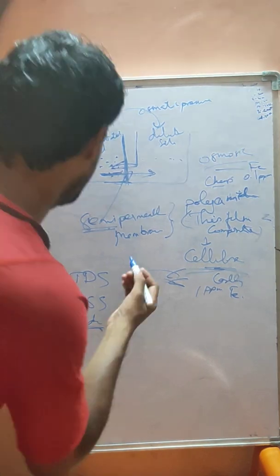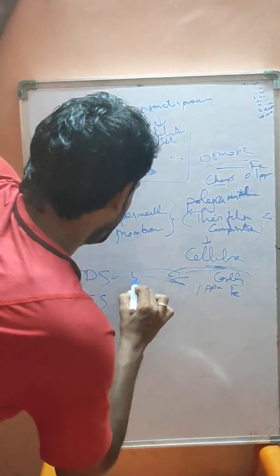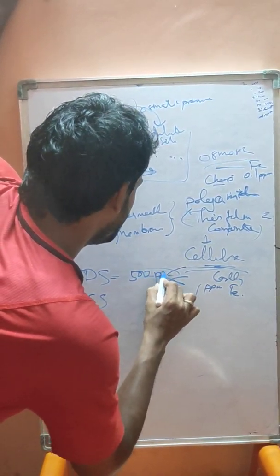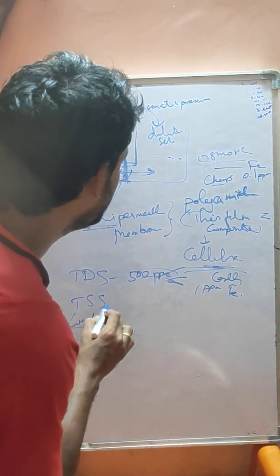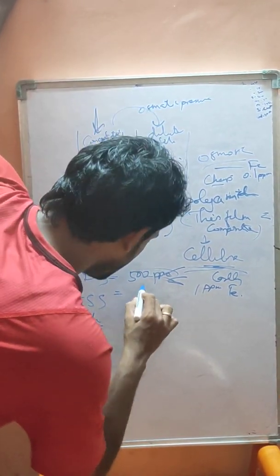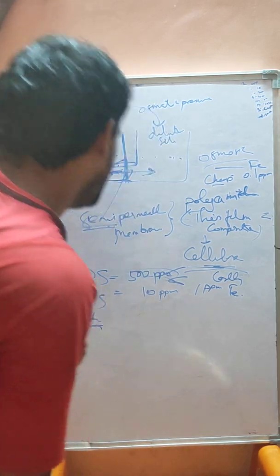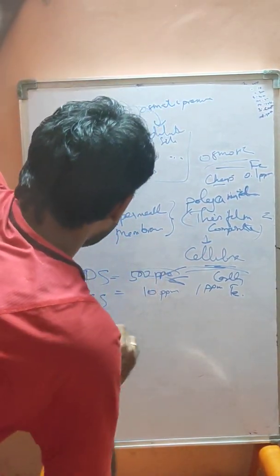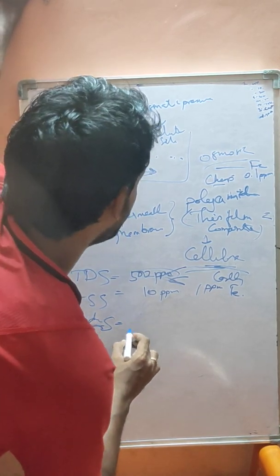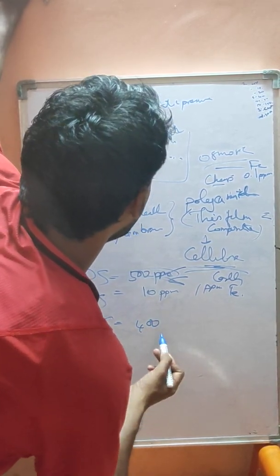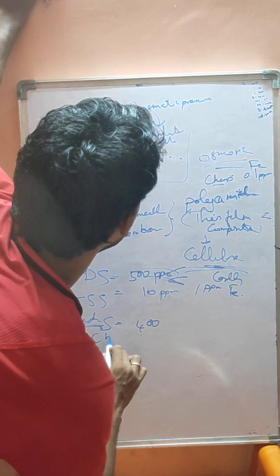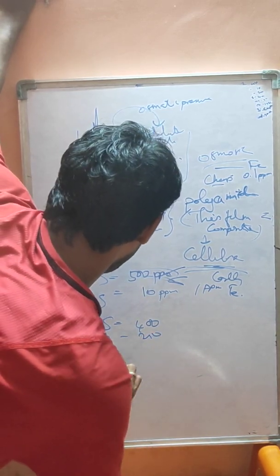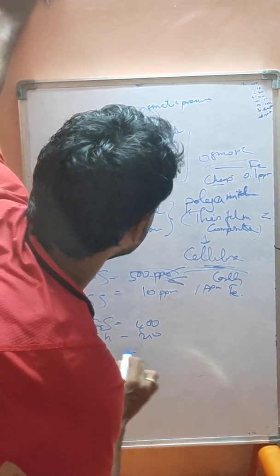So for TDS the maximum allowable limit is 500 ppm, TSS is 10 ppm, sulfate we can go up to 400, chloride 250, silica.